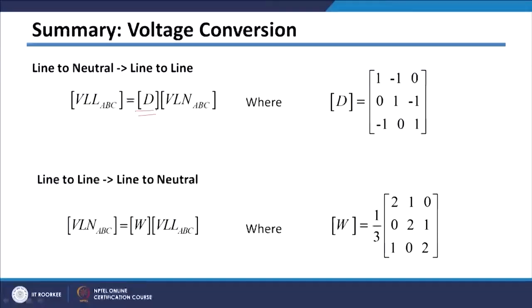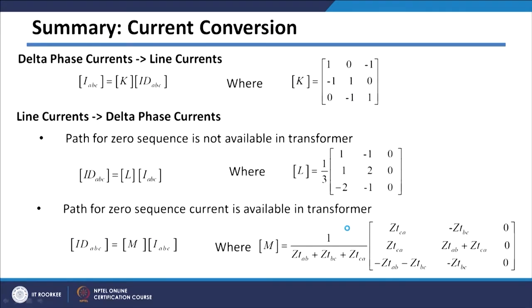Then we have seen various voltage transformations. For transforming line to neutral voltage to line voltage, we have got the D matrix. Then to convert line to line voltages to line to neutral voltages, we have got this W matrix. In case of current conversion, to convert delta phase currents to line currents, we have got this K matrix, and to convert line currents to delta phase currents, we have got this L matrix.